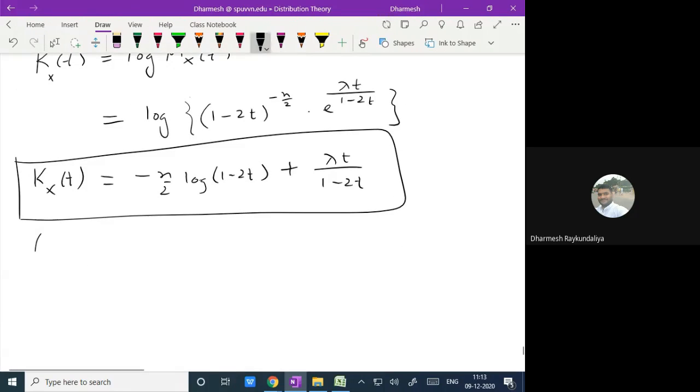So we know that if I write log 1 minus t, what should I write?